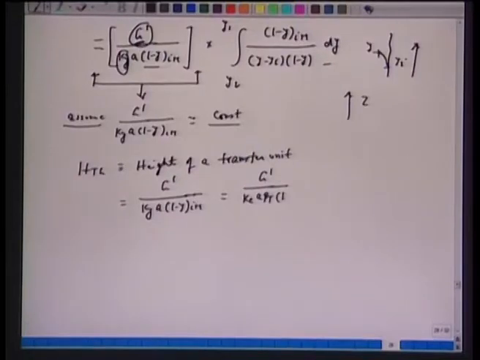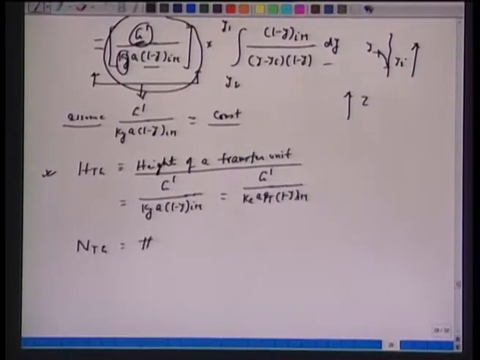So, we are defining this quantity here, height of a transfer unit. We will see later what is the physical meaning of this. For the time being, the quantity which is outside the integral is HTG, and the quantity which is inside the integral, NTG, is the number of transfer units.